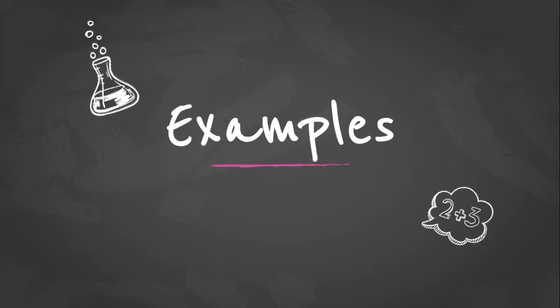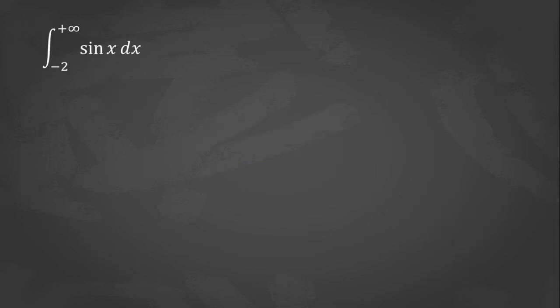Okay, moving to our examples, we have here the integral of sine x dx, from -2 to positive infinity. Feel free to pause this video and answer it on your own. Okay, to solve this, notice that our upper limit of integration has an infinity value.